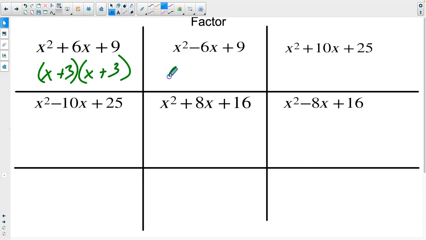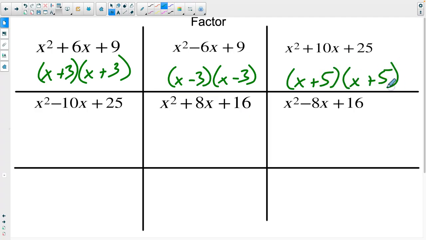What's this factor to? Minus 3, minus 3. What's this factor to? 5 plus 1. How about this one? 4.